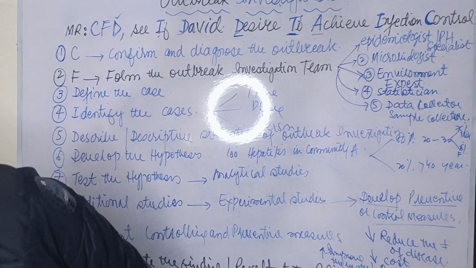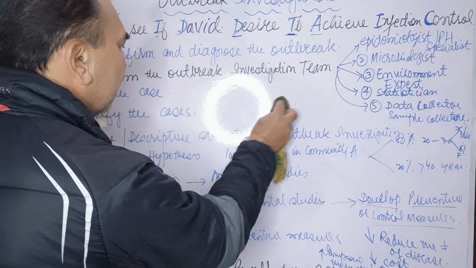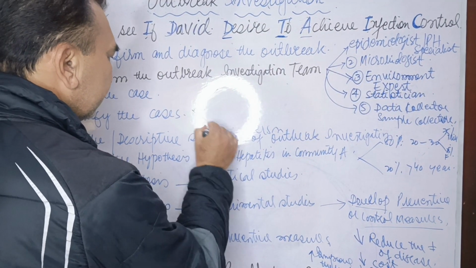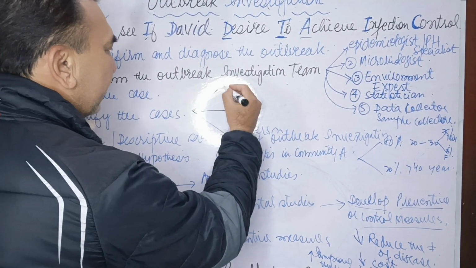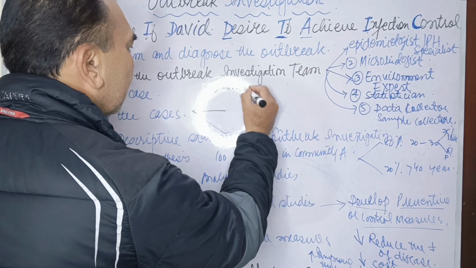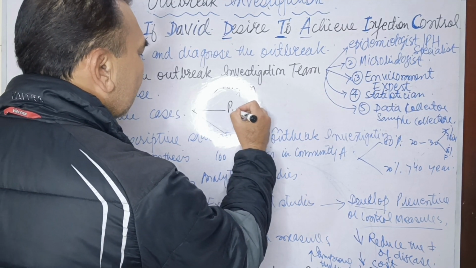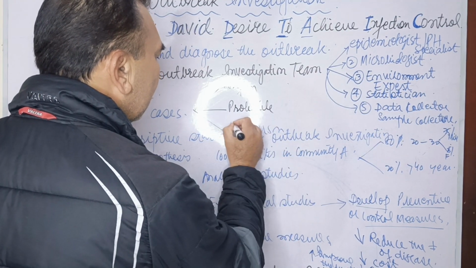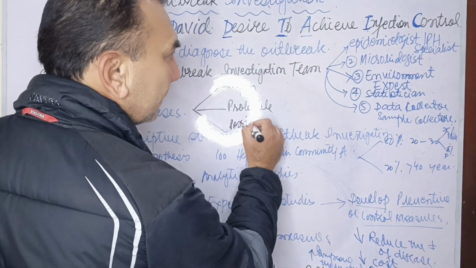Okay, just to be more clear, identify the cases according to confirmed case, then probable case, and then possible case.